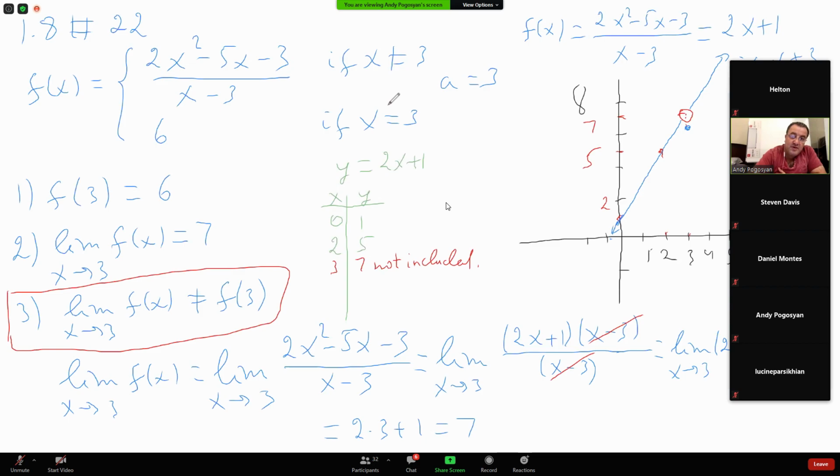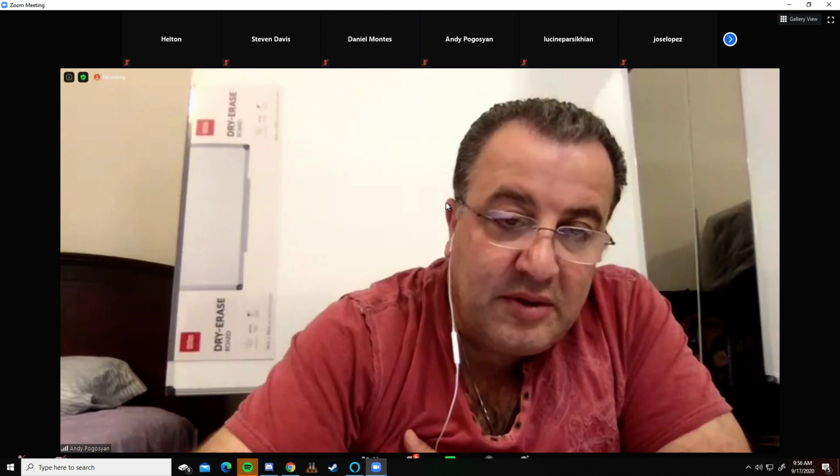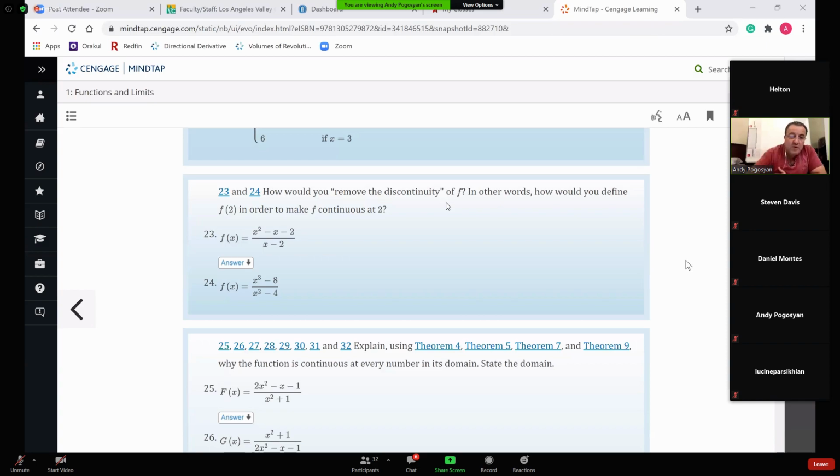Okay, try something similar to this one. Number 24. How would you remove the discontinuity of f? In other words, how would you define f of 2 in order to make f continuous at 2? 2 is not in the domain.